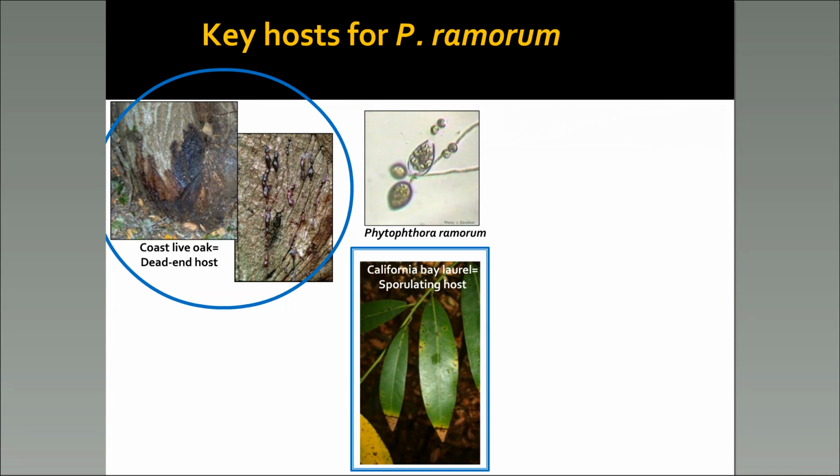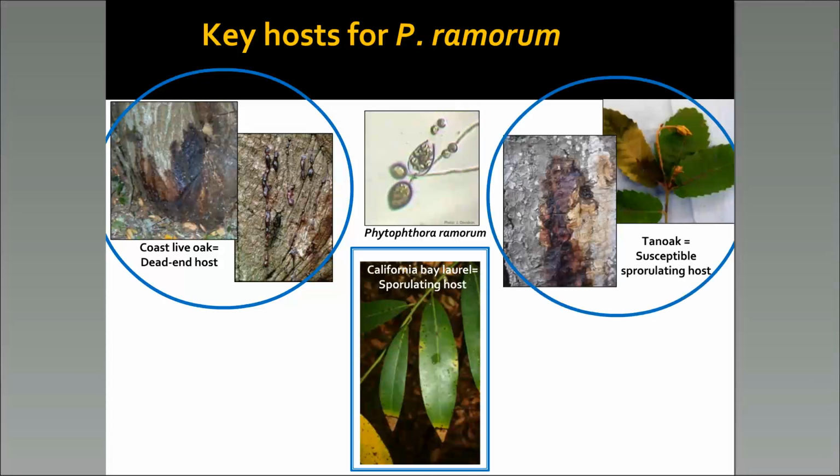In contrast, the California bay laurel is a sporulating host only. This pathogen can sporulate abundantly from leaves of California bay laurel, but it does not have any adverse effect on the fitness of this tree. Then we have tan oak, which is in a way the most susceptible host to Phytophthora ramorum.